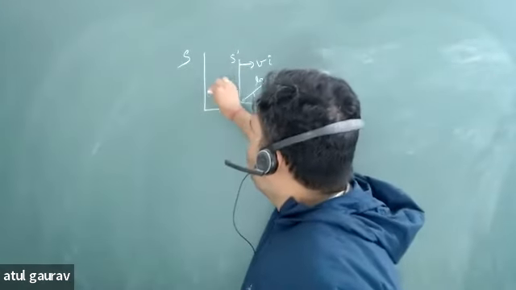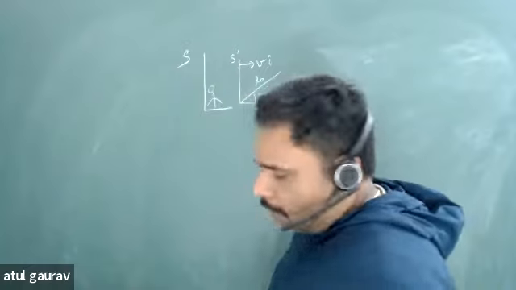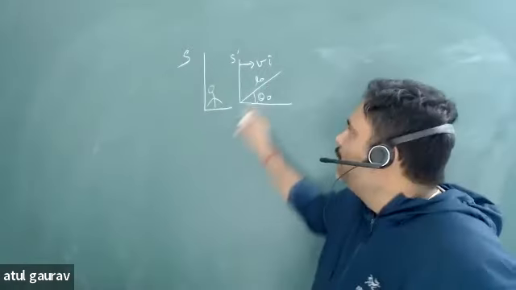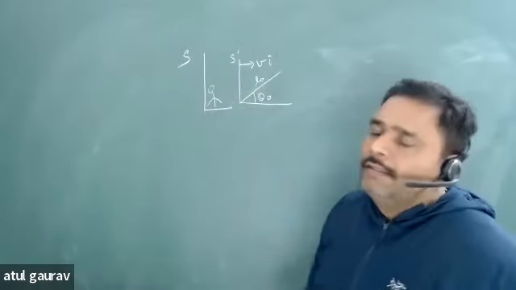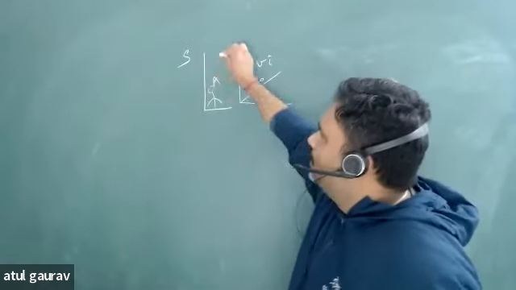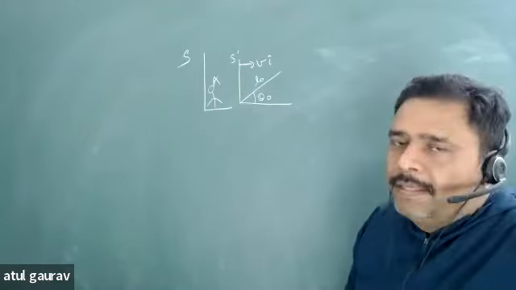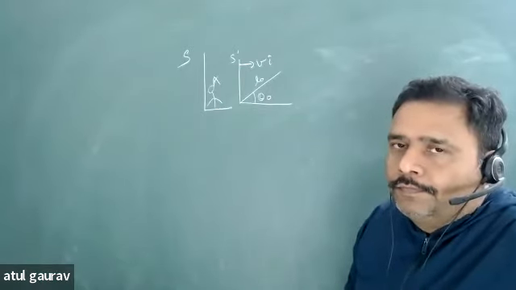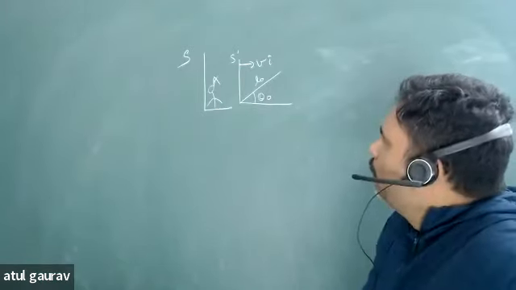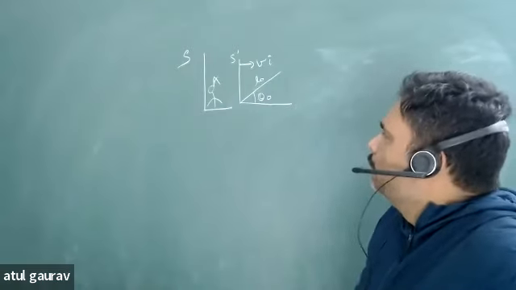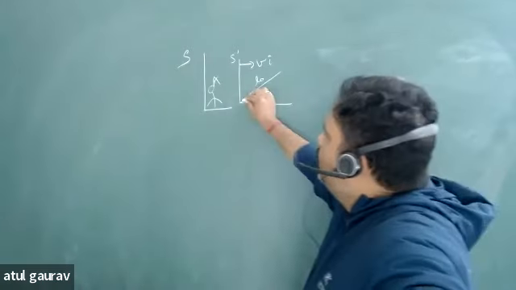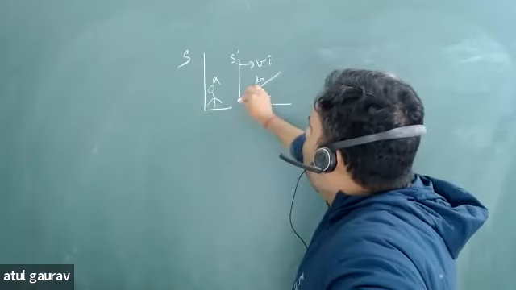So there is an observer on S. The question is, what will be the length of the rod measured by observer A? Let's say he is observer A. Everyone? So now, how will you see? Look here. This rod has two components of length.